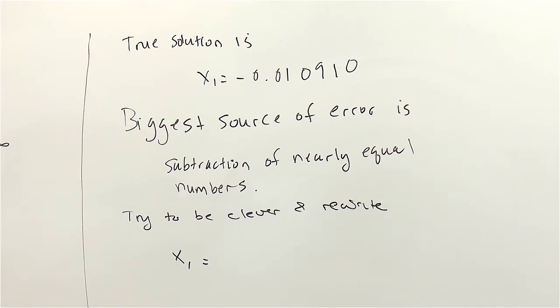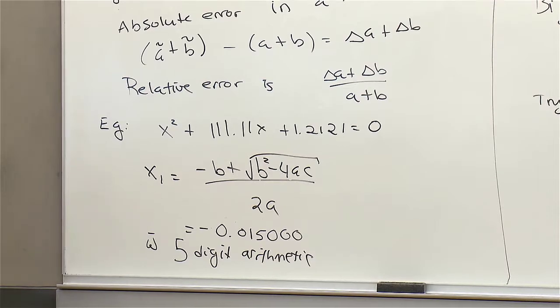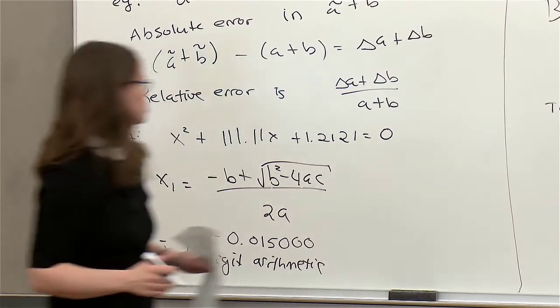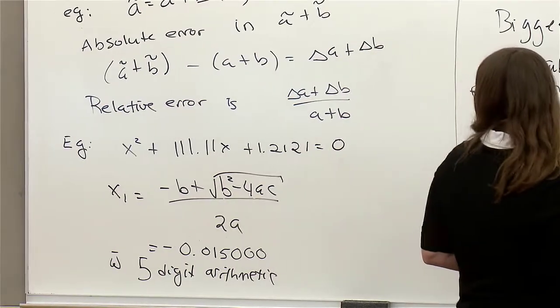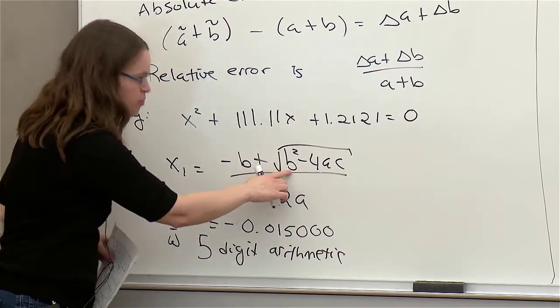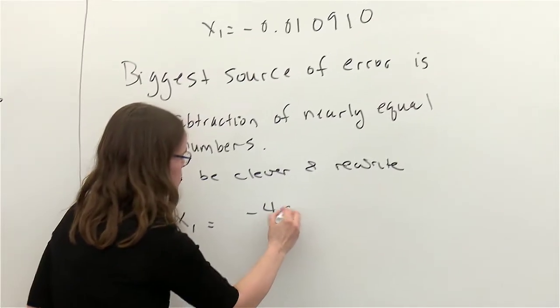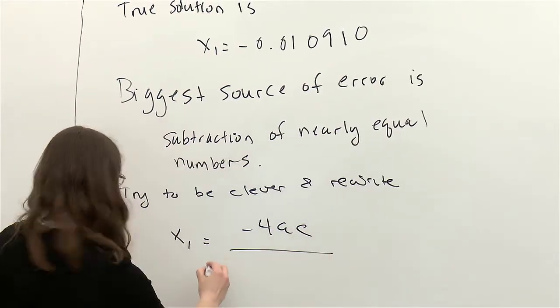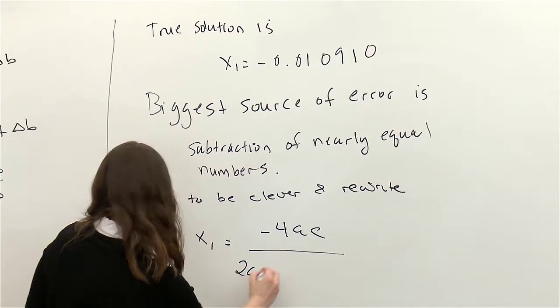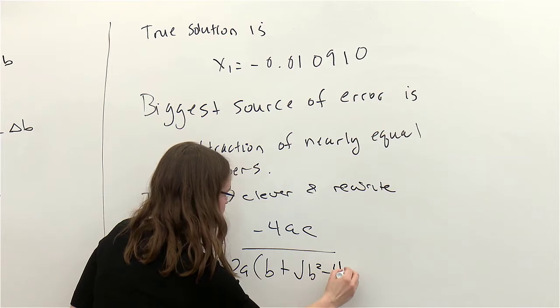Say I multiply both the numerator and denominator by b plus the square root. I get some calculation on top. So I'm going to get minus b squared plus b squared minus 4ac on top. In the denominator, I have to multiply by the same thing, so b plus root b squared minus 4ac.